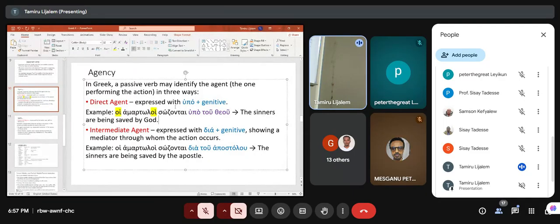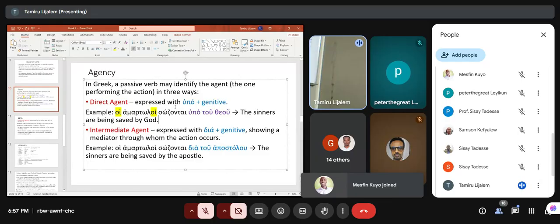Metastentai, from singular to plural. This one is third person plural. Hupo plus genitive is direct agent.